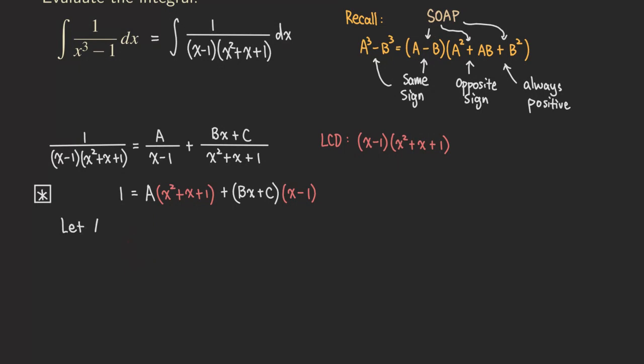Okay, so first step. Let x be equal to 1. Okay, so now then what do we get here? Then we are getting this equation. The left hand side is just a 1 right here, so we just get a 1, and then the a is there, right? And then now you put the 1 into all the x's that you see, so you get 1 here, and 1 here, so you get the 3.